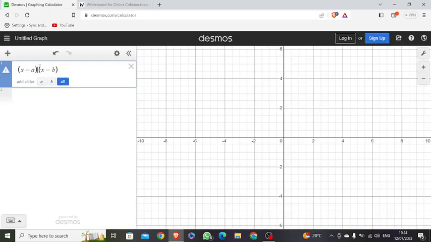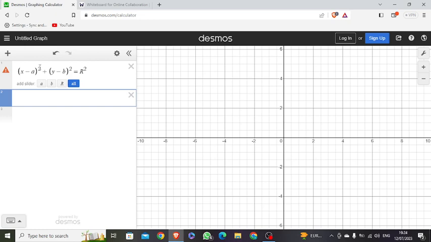x minus a squared plus y minus b squared equals r squared. And this may come as confusing because what you might all be used to ever since before this, of course, I'm going to keep the R capital for Desmos.